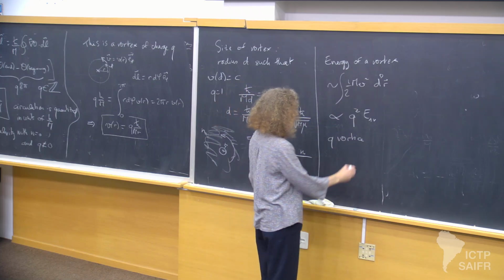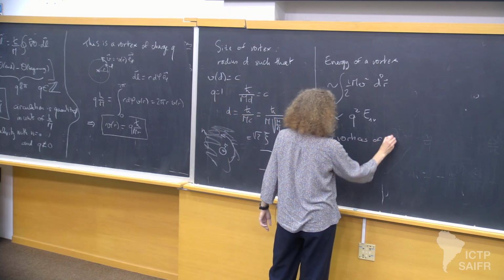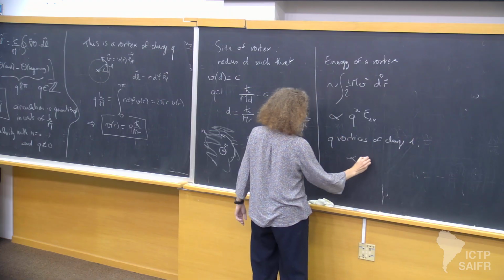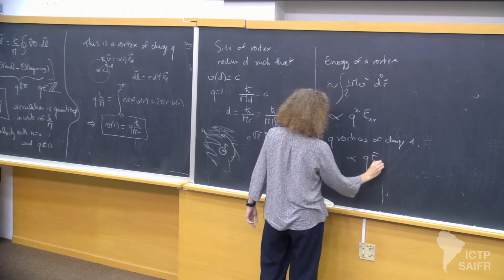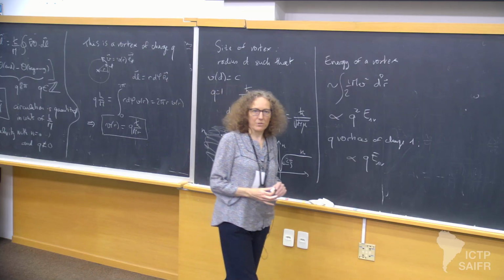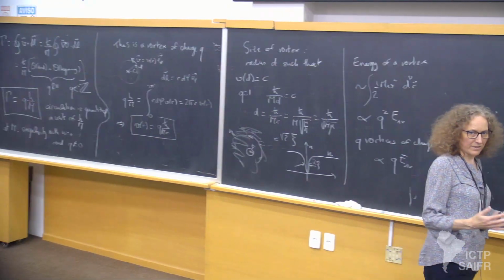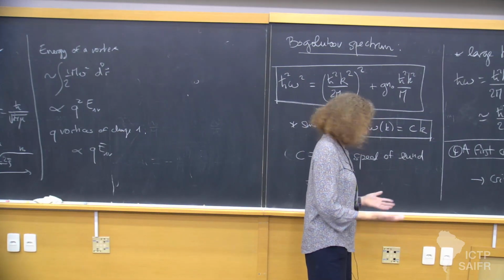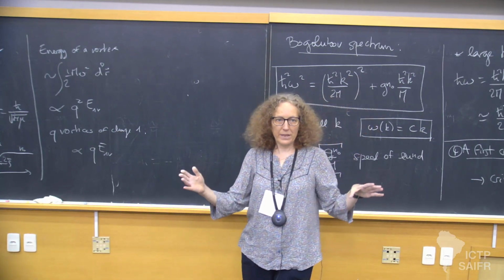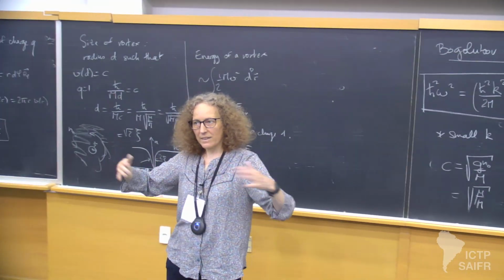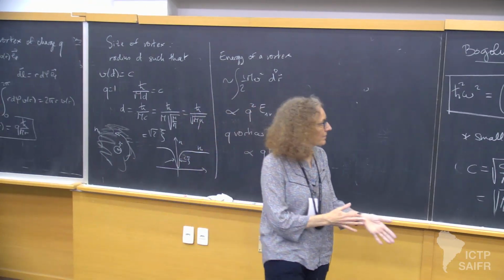Whereas if you have q vortices of charge 1, the energy is just q times the energy of one vortex. So it's much more energy to have one vortex of charge q than to have q vortices of charge 1. And so in general, the vortices with a charge larger than 1 decay into multiple vortices.